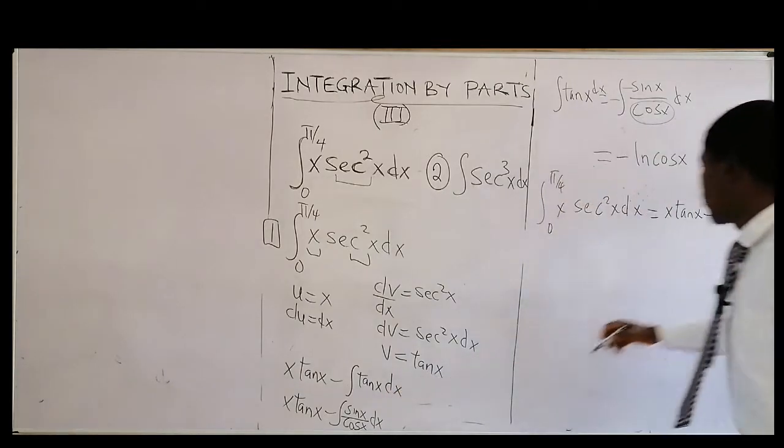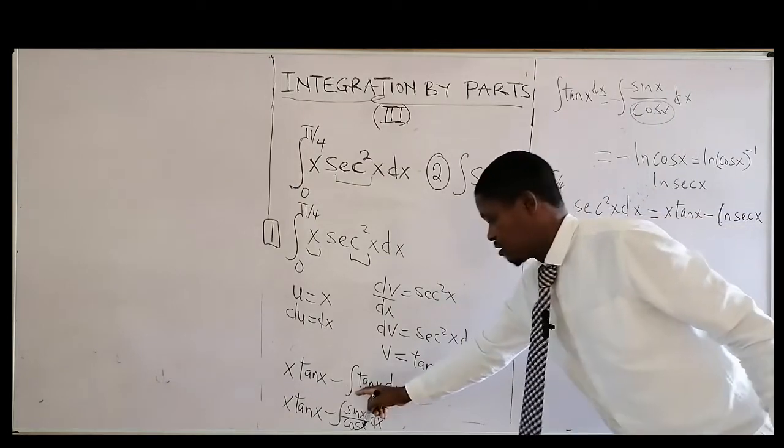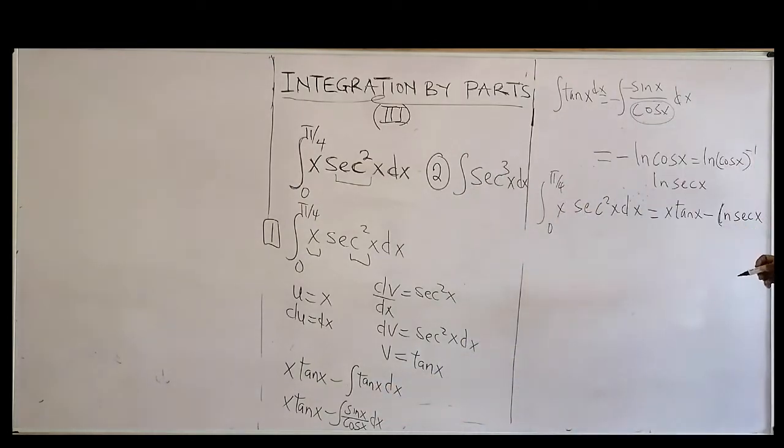I can finish this one if I like. This will be equal to ln cos x to the power minus 1, which is ln sec x. So the integral of tan x is ln sec x, and the whole thing is x tan x minus ln sec x.